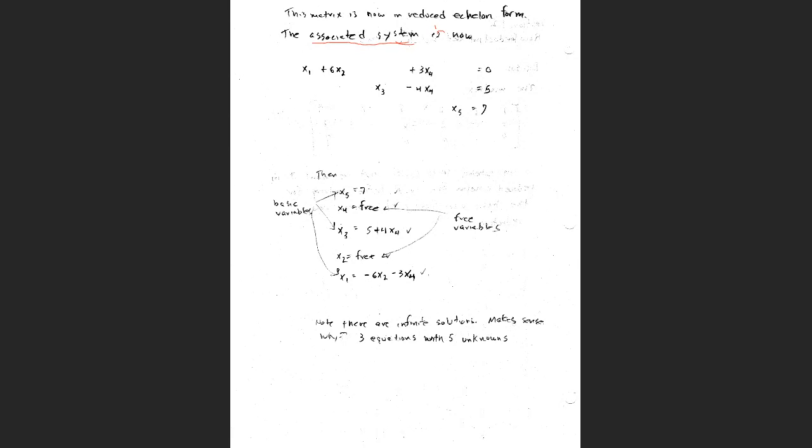Here's the associated system. We started out with 3 equations with 5 variables. Based on what you see, do we have more variables than equations or more equations than variables?